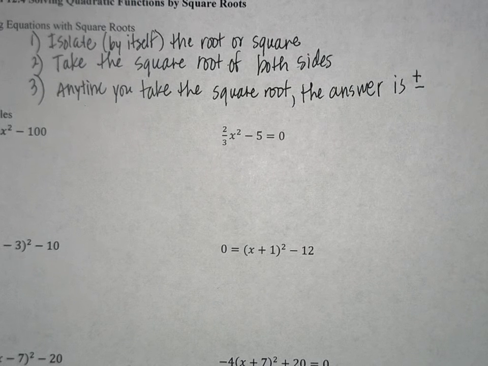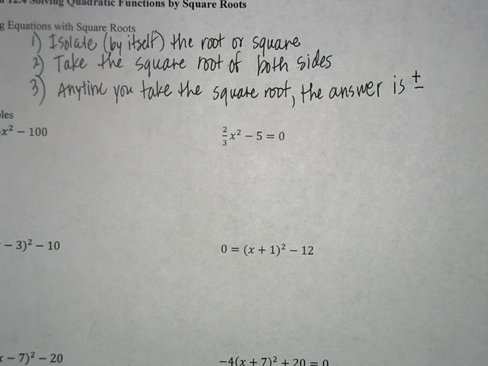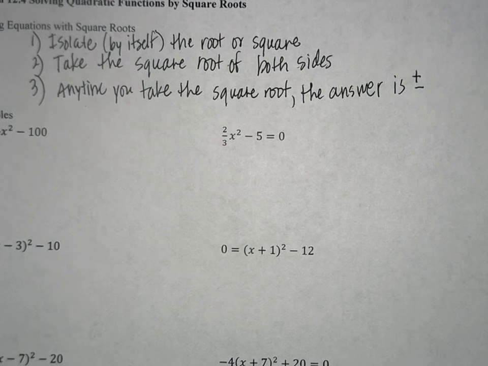Now let's say the answer is 0. Can 0 be positive and negative? No. 0 is just 0. Okay? It's not positive, it's not negative, it's just 0. So there will be some instances when it is just one answer, but most of the time it'll be 2. Is that supposed to be positive or negative?